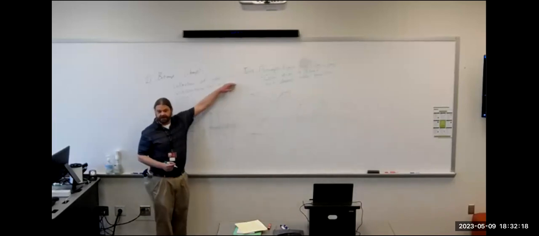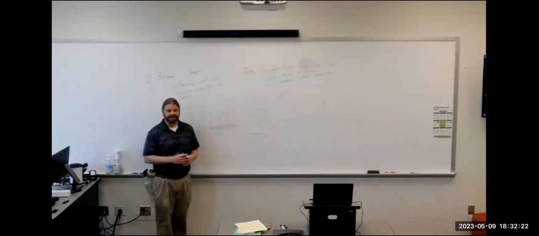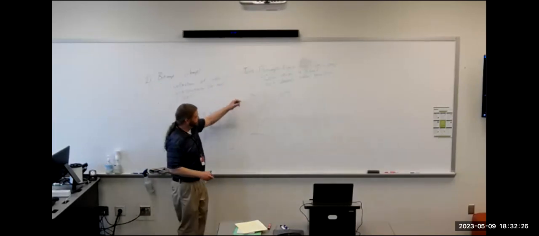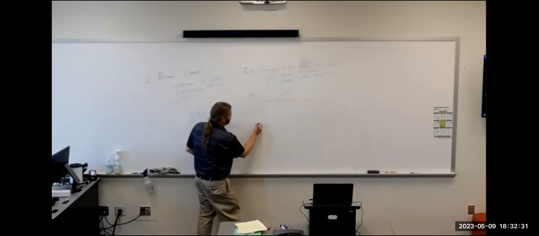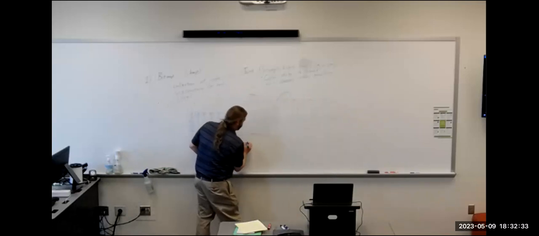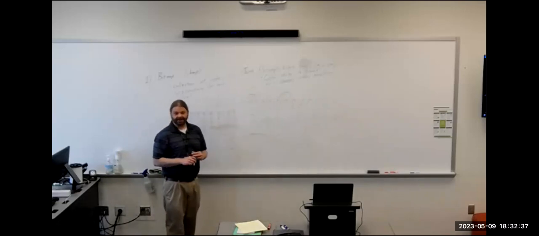We can put those together. So the high parts add together and the low parts cancel out. Those are like positive and negative values, so the positive and negative parts add together and cancel out.